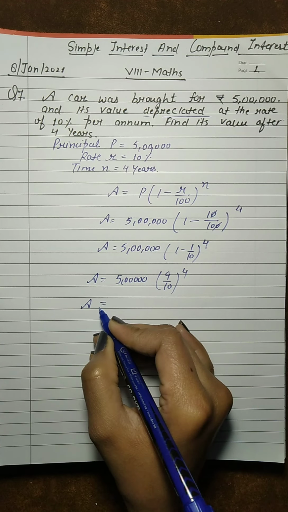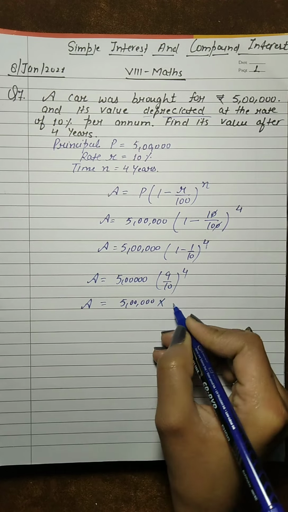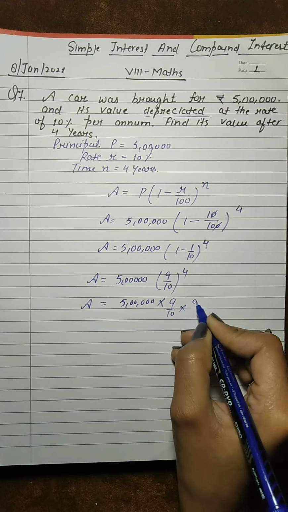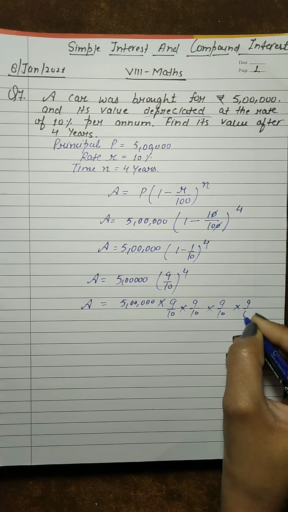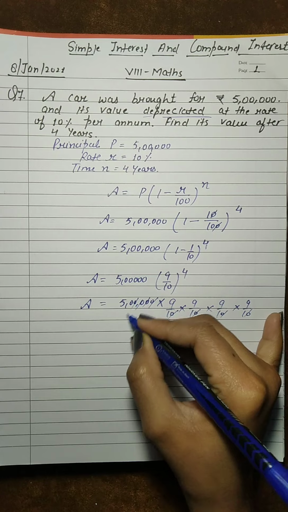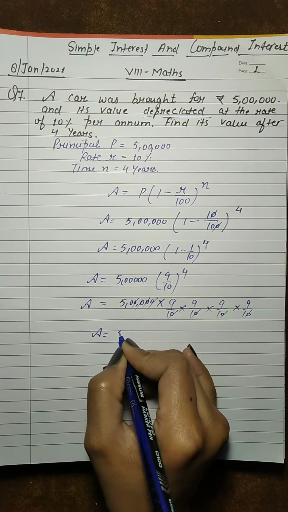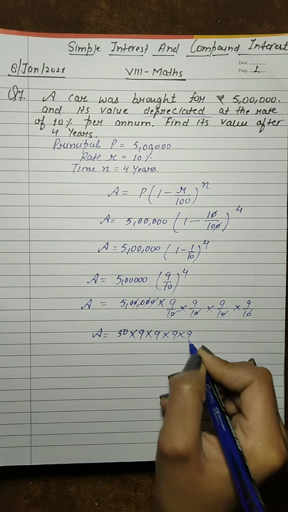So amount is equal to 5 lakh into 9 upon 10, 9 upon 10, 9 upon 10 and 9 upon 10. These 4 zeros cancel, so we have amount is equal to 50 into 9 into 9 into 9 into 9.